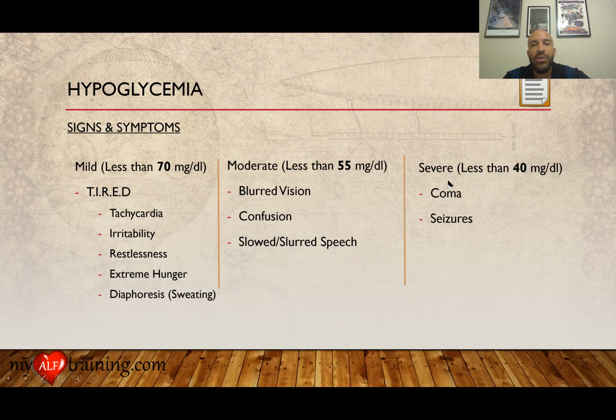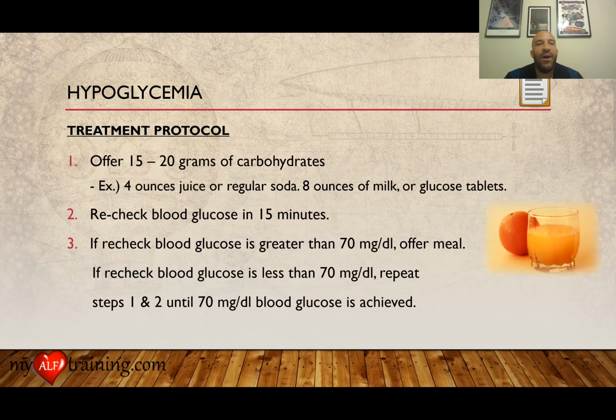Now, if you check their blood sugar and it's 40, then you need to immediately run to the nurse, drop the glucometer, and say, we need to do something quick because the patient is at risk for falling into a coma or having a seizure. Moderate symptoms would be blood sugar less than 55, and we can expect symptoms such as blurred vision, confusion, or slurred speech. Got it? All right.